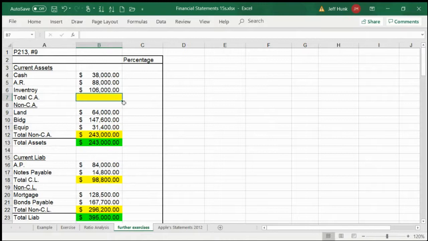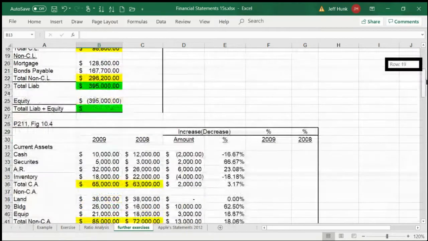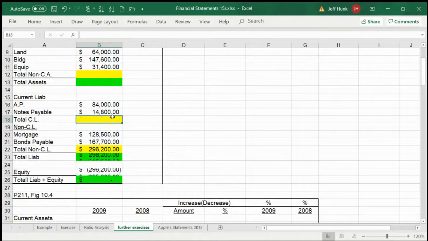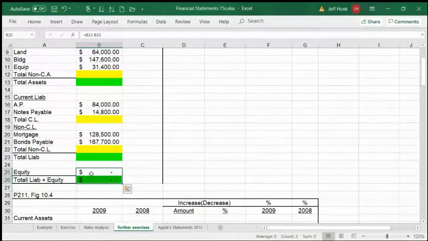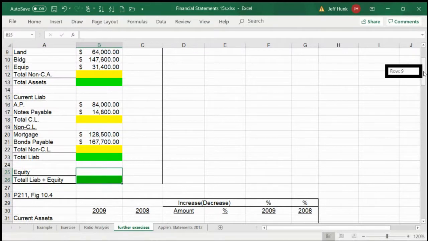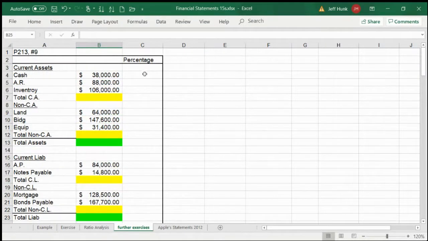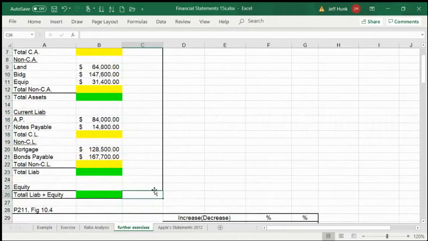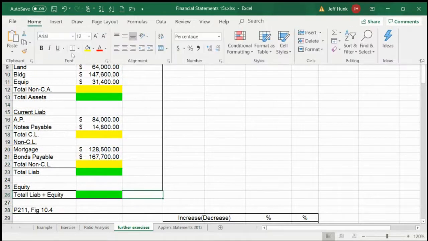So to do this, we will simply express every line item as a percentage. This percentage column is something you have to find out, which is very easy, which isn't really difficult, right?